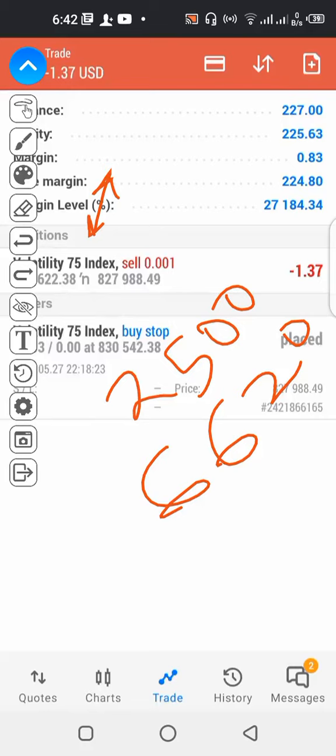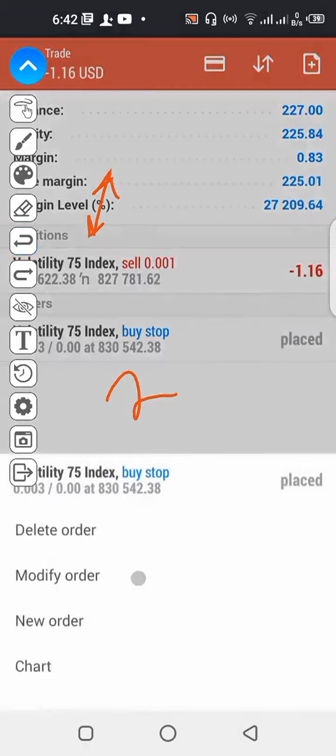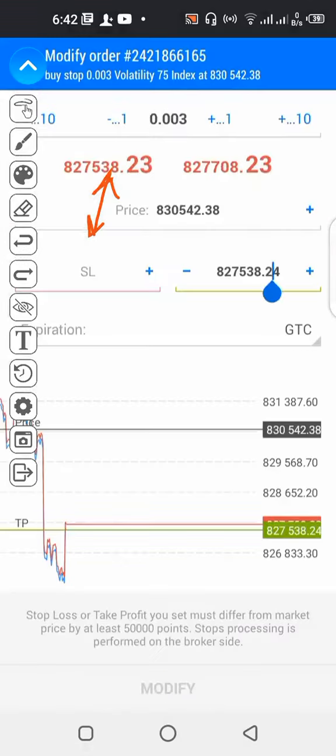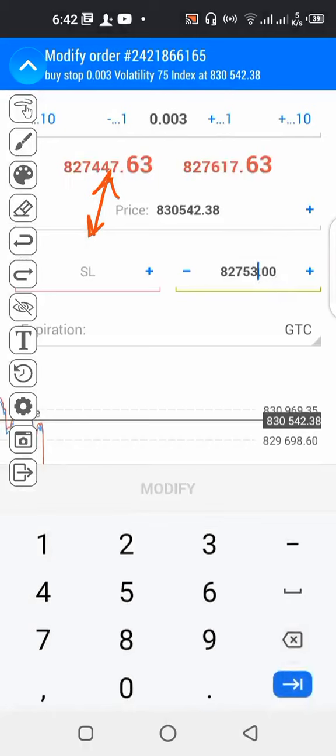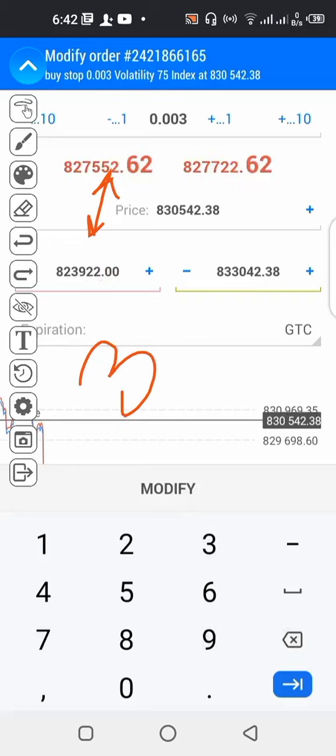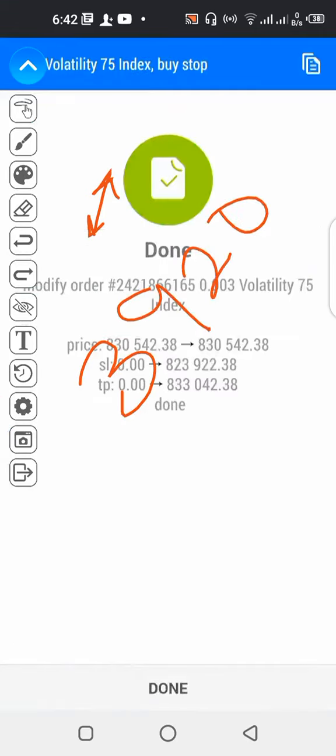So that's for my sell trade, and the same thing applies for my buy stop. My buy stop happens to be my hedge trade. That is for the scenario where I'm selling. For this particular example, I'm selling. My buy stop is placed at a hedge spacing of 3,920.